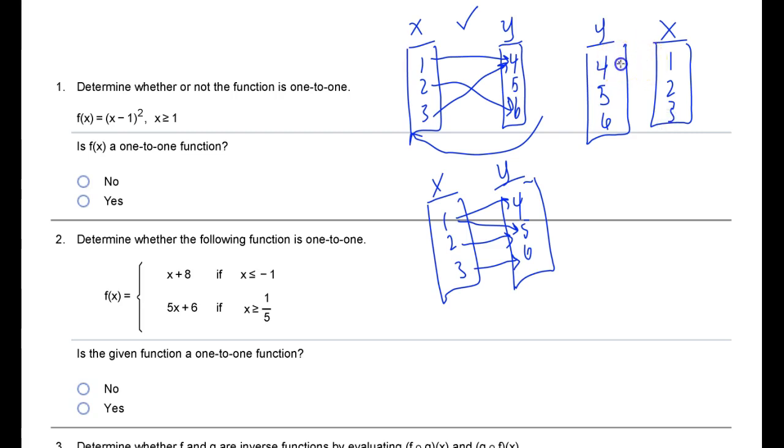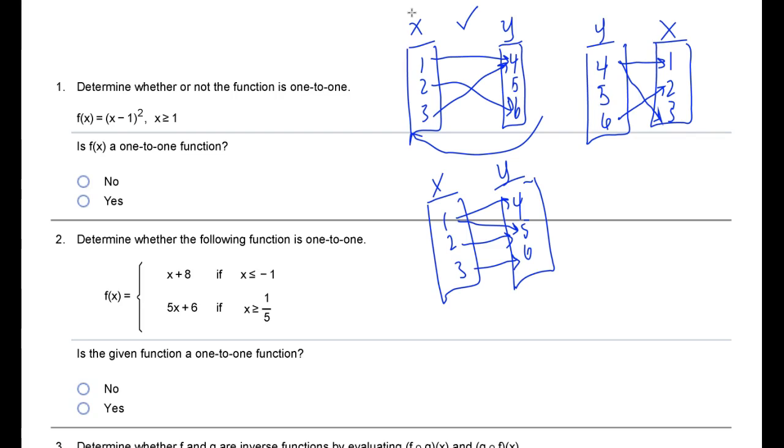Here 4 would correspond to 1 and to 3, and 6 would correspond to 2. Now the y values are in the place of the x values, and we have one quote-unquote x value corresponding to 2 y values, and everything is flipped. So one-to-one functions are essentially saying that whether I look at it in terms of mapping x to y or mapping y to x, I still have a function.